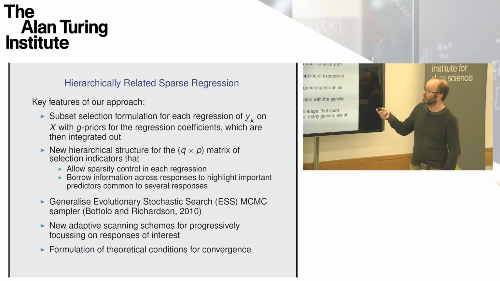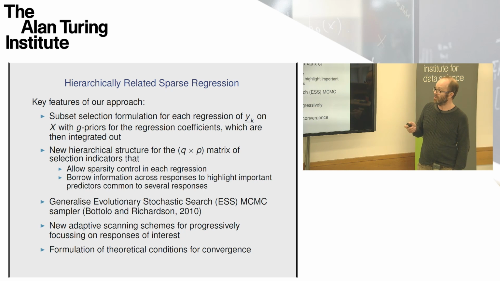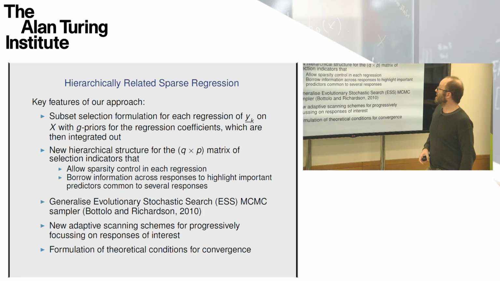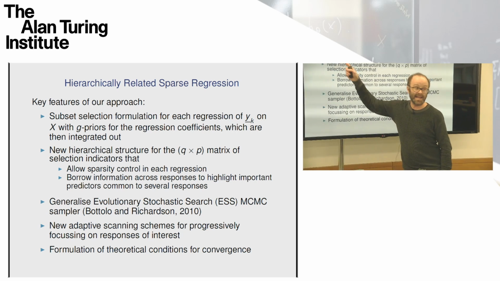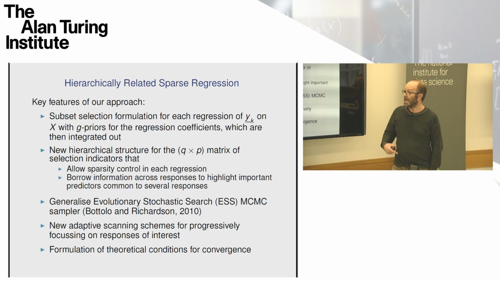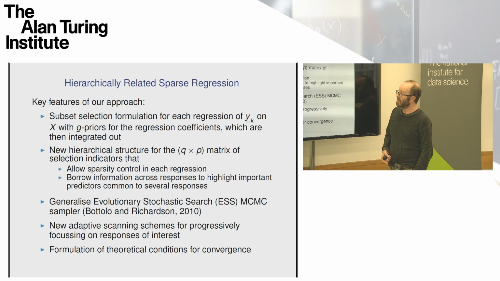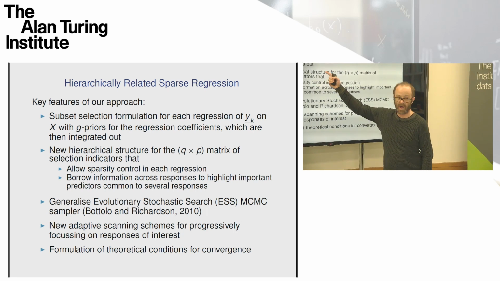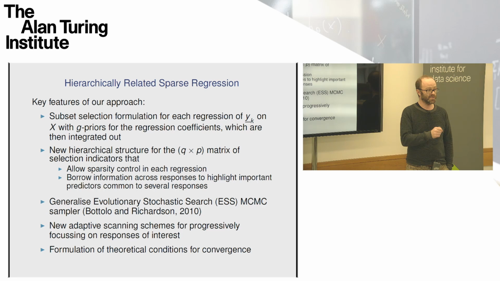So how do we try to solve this problem? I'll skip the details, but now we have a huge set of predictors, which is X, and a huge set of outcomes, which is Y. The dimension of X is n times p, n subjects and p predictors, and the dimension of Y is n times q, where q is the number of responses. What we are interested in is understanding the relationship between each single predictor and each single outcome.